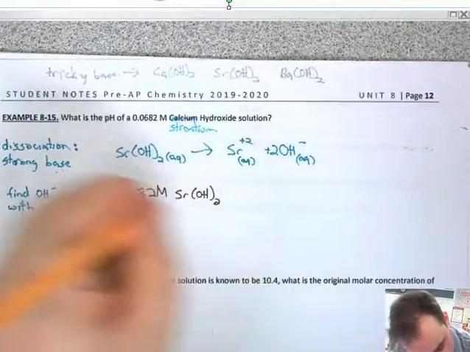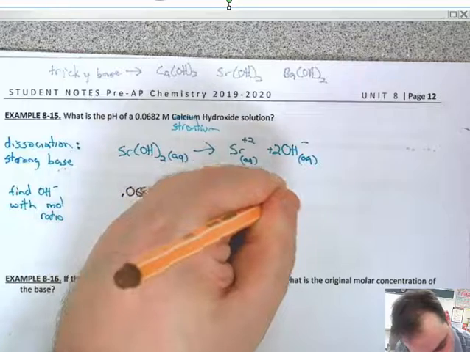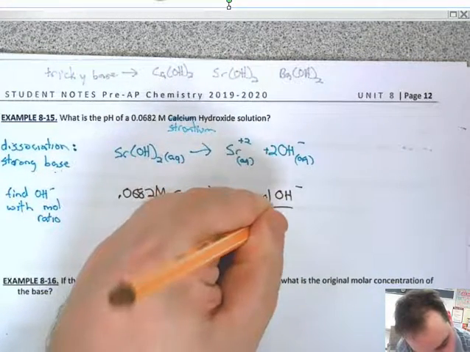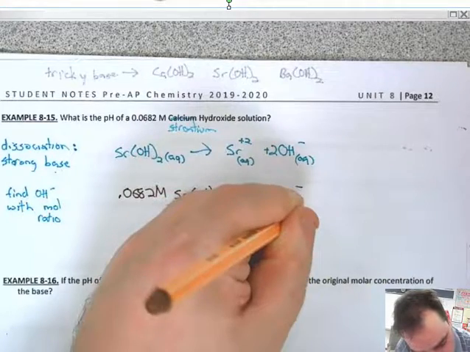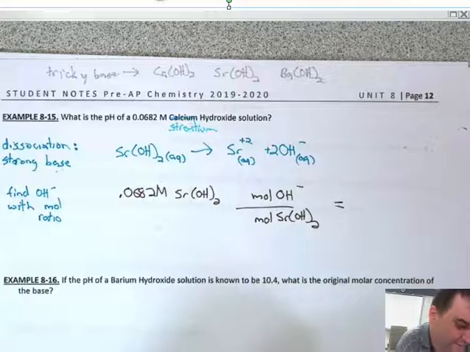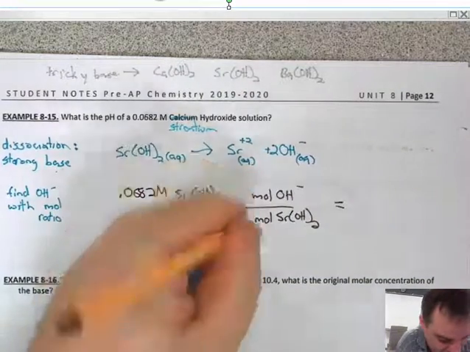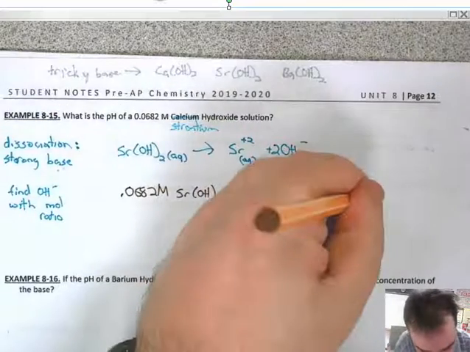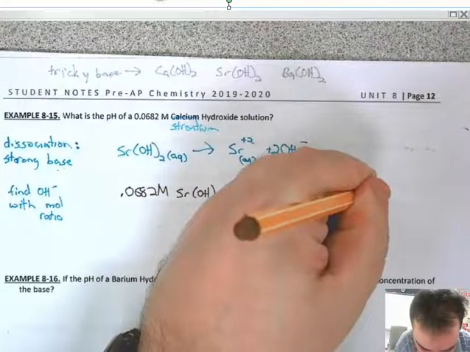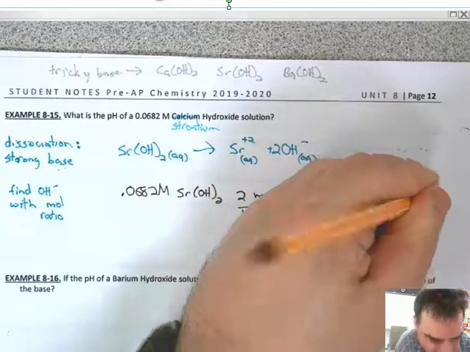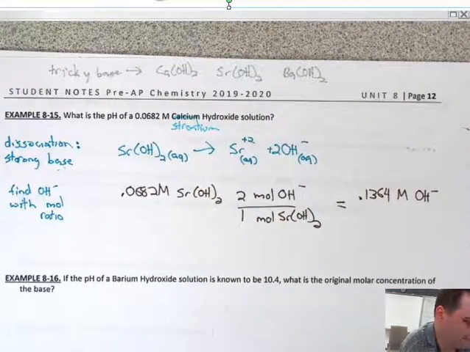We are going to find the moles of OH, and we're going to take that over the moles of strontium hydroxide. So this is a 2 to 1 ratio this way, so you multiply this by 2, and you get 0.1364 molar OH. Okay.